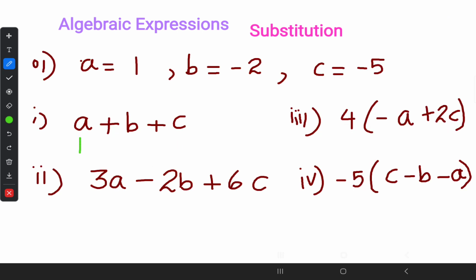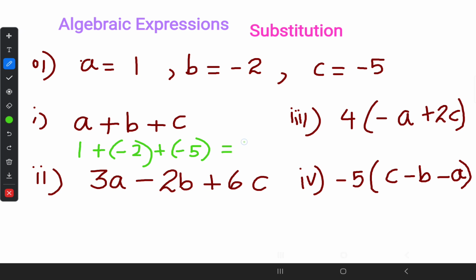Because a is 1, b is negative 2. In between there is a positive, no? A plus. I told you earlier that when you are doing any operations with negative numbers, it's better to keep them inside the bracket. Plus c, which is negative 5. Then let's expand them.